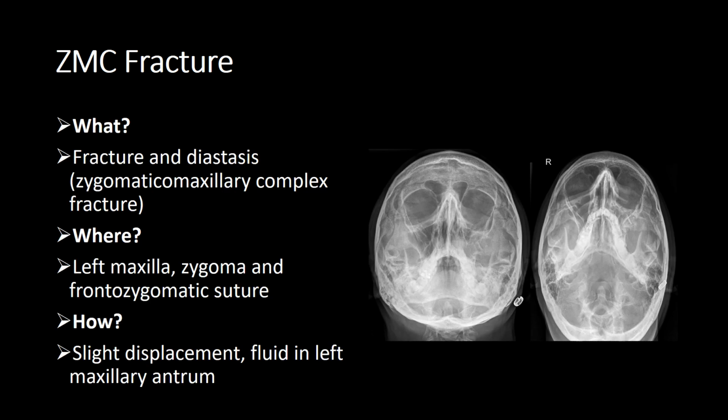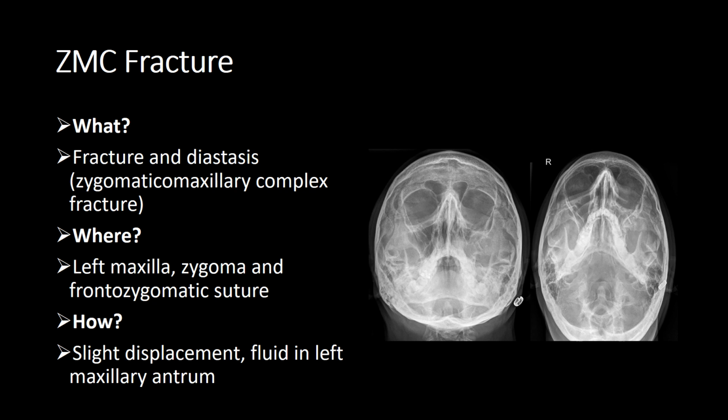So zygomatico-maxillary complex fracture. So what is it? It's a fracture and diastasis. Diastasis is a term that we use particularly with fibrous joints, such as sutures and synchondroses. So think about sutures in the skull. Think about the synchondrosis of the symphysis pubis. Think about the SI joint.